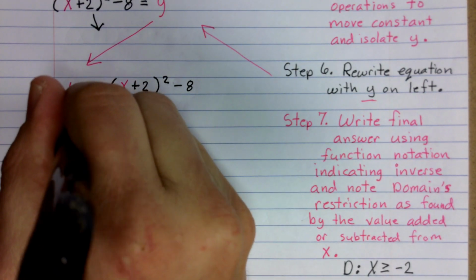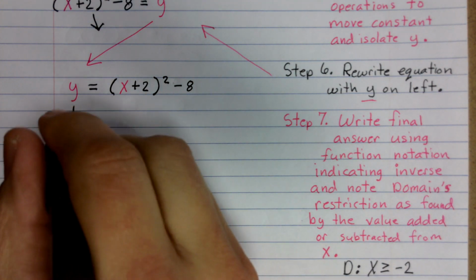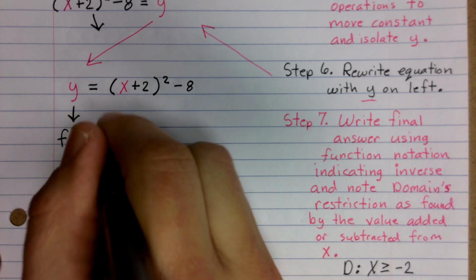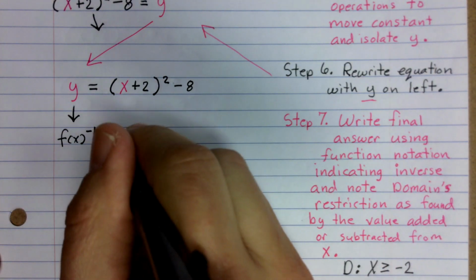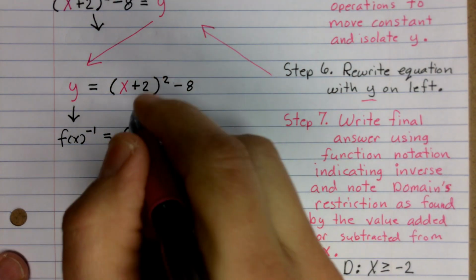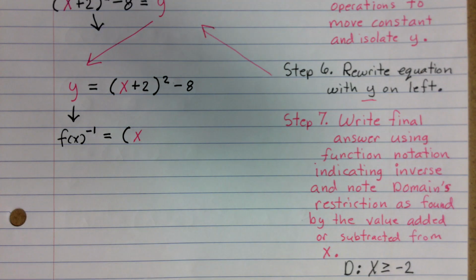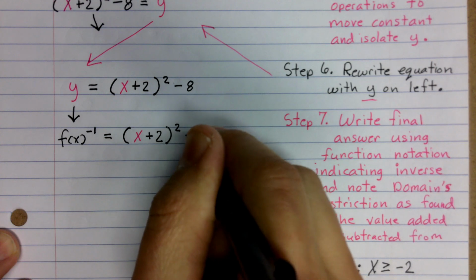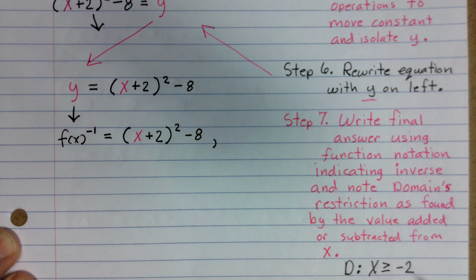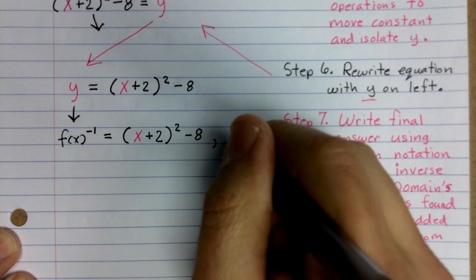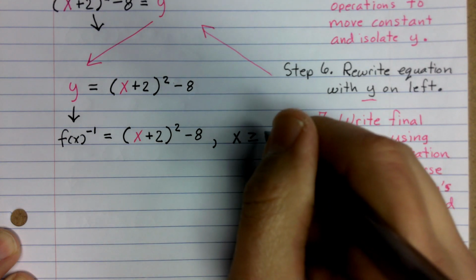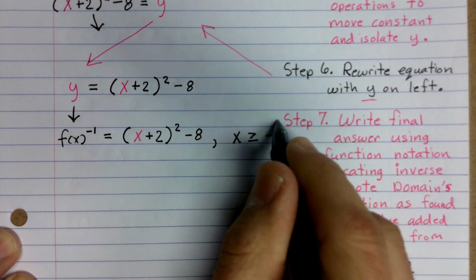I'm going to put my inverse function notation, which is going to be f of x, and we have that to the negative 1 over here, is equal to x plus 2 close parentheses squared minus 8, and then I'm going to put a comma, and write my domain's restriction. x is greater than or equal to negative 2. And then that's my final answer.